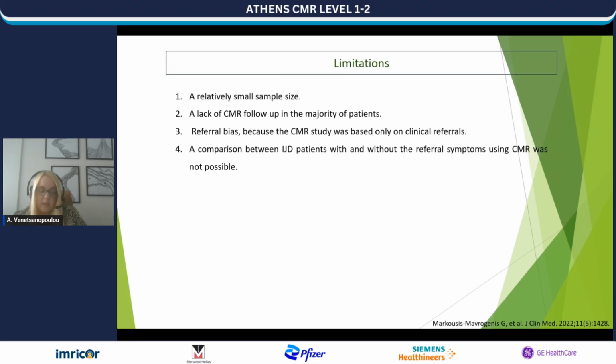Of course, this study had a lot of limitations. We had a small sample size, we had referral bias, and lack of long-term follow-up. But the key message, I think, was very powerful. If we rely only on echocardiography and ECG, we will miss important cardiac pathology in our patients.